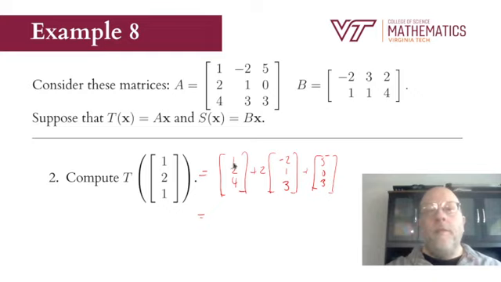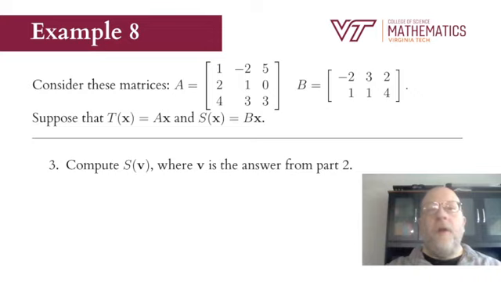So that's going to be 1 minus 4 plus 5 is negative 3 plus 5 is 2. And then 2 minus 2 plus 2 plus 2 plus 0 is 4. And 4 plus 6 is 10. 10 plus 3 is 13. And so we get 2, 4, 13. We're going to save that answer because the next question I think asks about it.